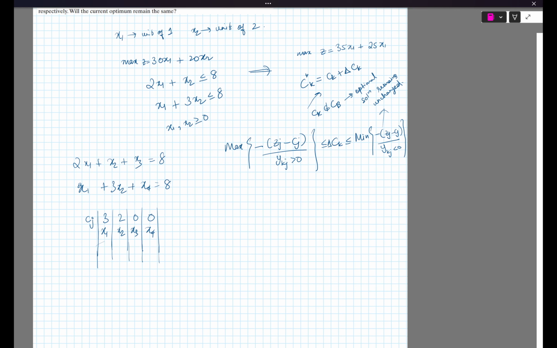So we have to check for different k's, delta ck, and for different j's. If you fix K here, this is fixed. Okay, solve this example, then the doubt will be clear.